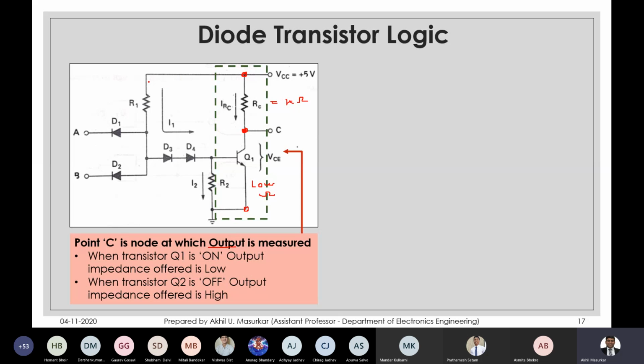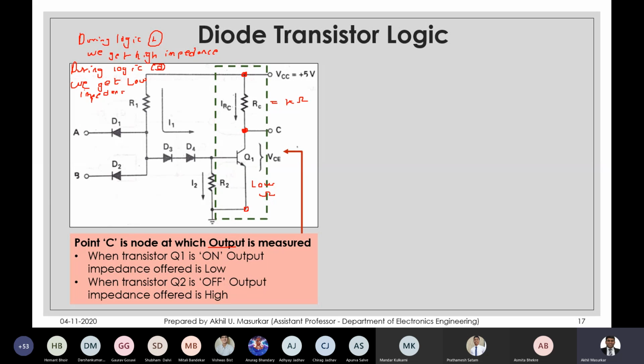So it happens that during logic 1 we get high impedance, and during logic 0 we get low impedance.